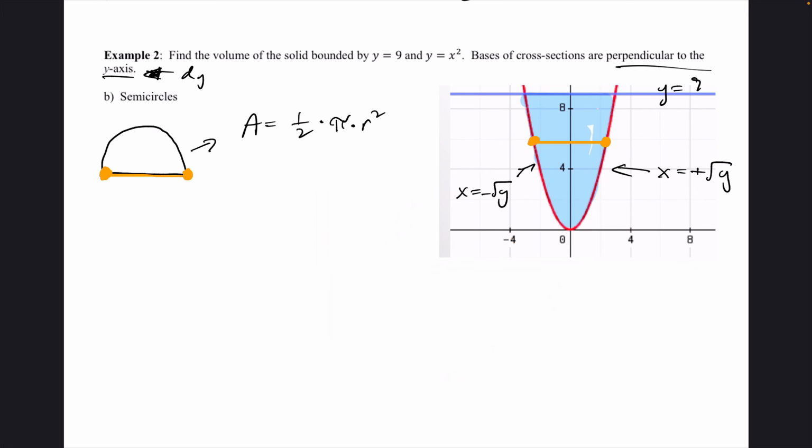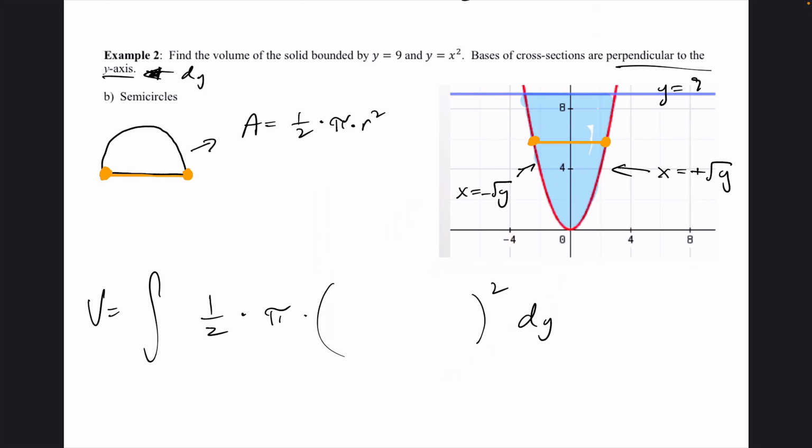Okay, so let's set up our volume. So again, I need a 1/2, I need a pi, and I need an r squared, and it's dy. Well, I don't have an r. I have a d, right? I have a diameter.